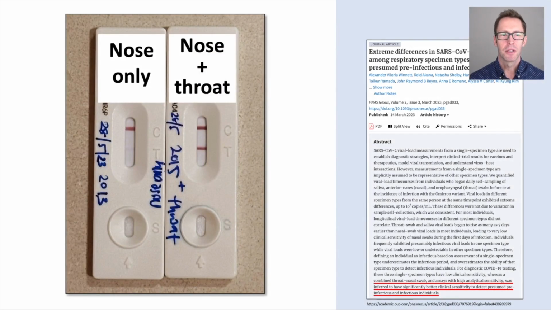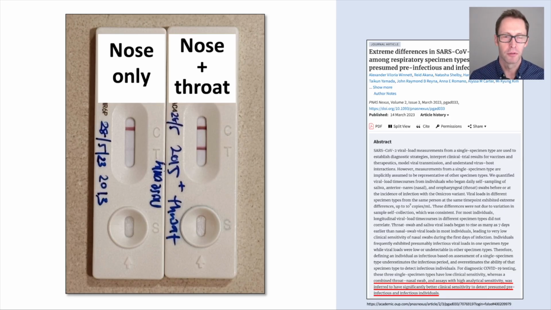Okay, so you can see that sampling is really important, and doing it well will give you a more accurate test result. The other thing we've started to see is reports of people who found that when they swab just their nose, they're getting negative results, whereas if they swab their nose and their throat, they get a positive result. In this example, it was a weak positive from the nose and a strong positive from the nose and throat.